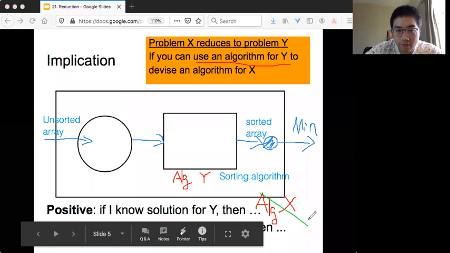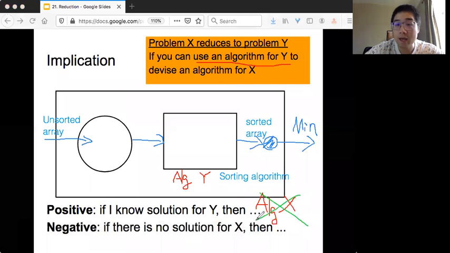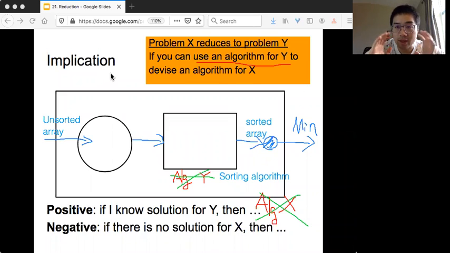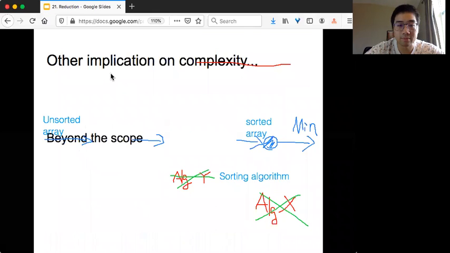Here, I don't have this. Then I know that I cannot have algorithm Y. Okay, so that's the negative direction. Try to think about it, and then we will use an example to illustrate what the meaning is.